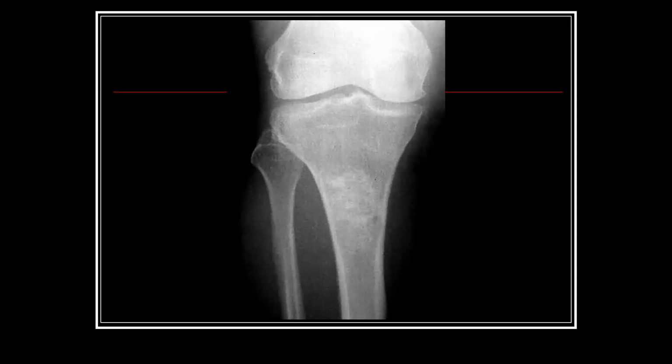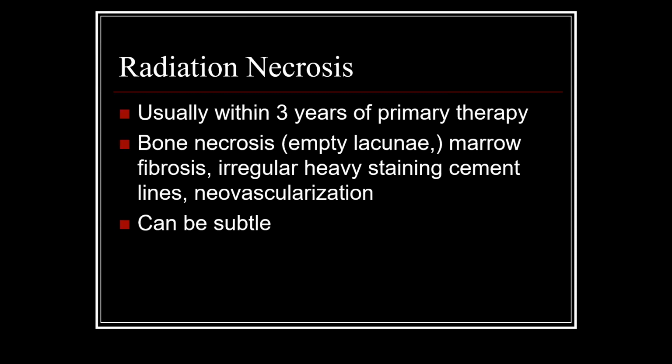This is, in fact, osteoradionecrosis, and this is usually defined within a couple of years of primary therapy, and leads to bony necrosis or empty lacunae, and a secondary marrow fibrosis with variable cement lines, neovascularization, hypercalcification, and so forth. And this can sometimes be fairly subtle to find. So sort of like that previous radiograph.